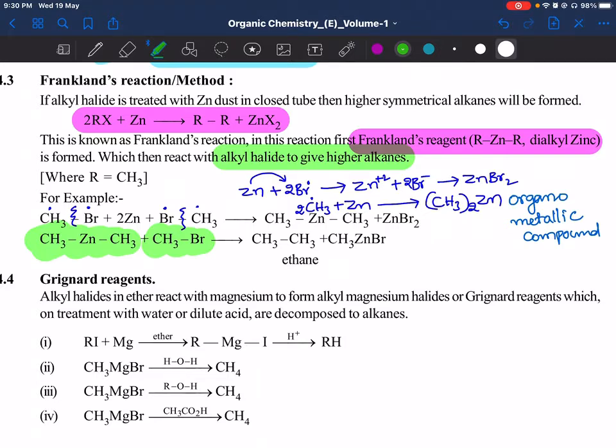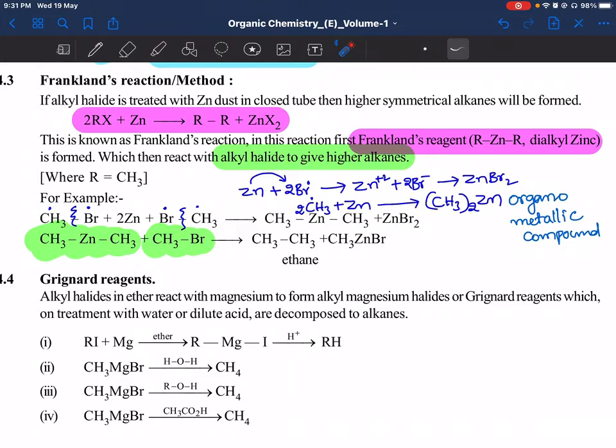Here Br minus is replaced by CH3 minus. So we get the alkane CH3-CH3, ethane, and methyl zinc bromide. It also takes place through an organometallic compound, and that reagent is called Frankland's reagent.